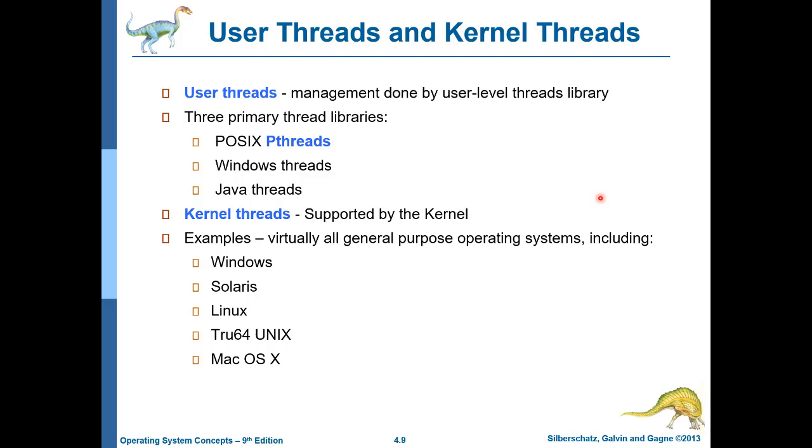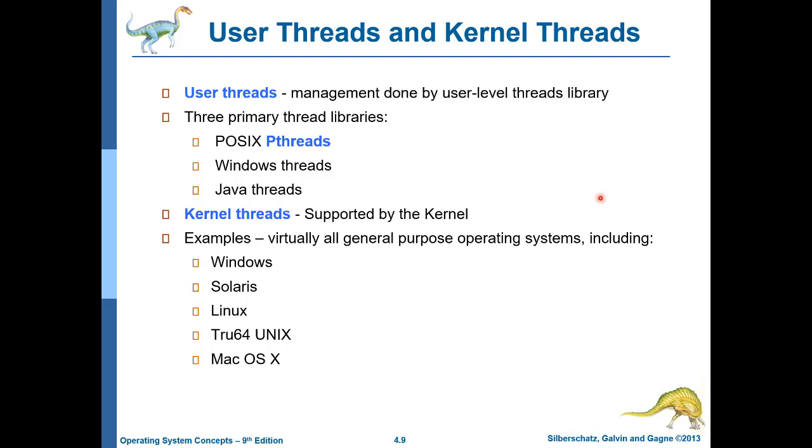And Java threads are the threads provided by the Java programming language. When you program in Java, you will use Java threads, but behind the scenes they will be using the threads of Windows when you are using Windows, or the threads of POSIX when you are using a Unix operating system.